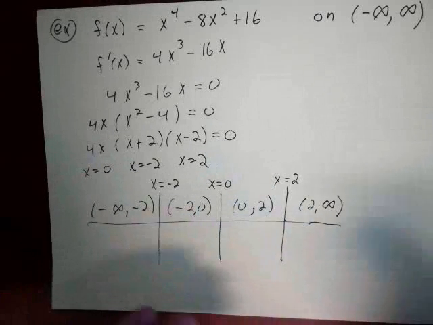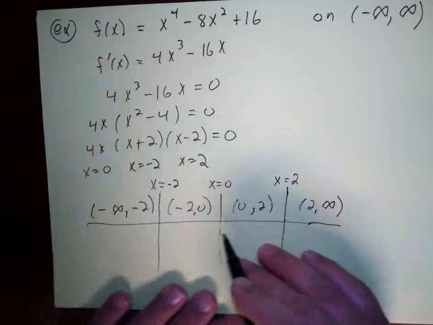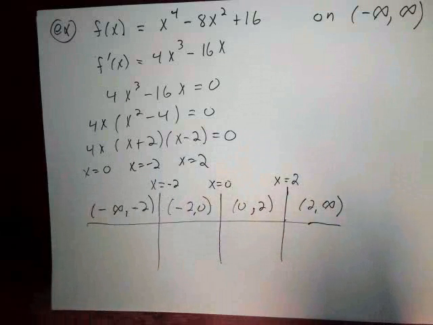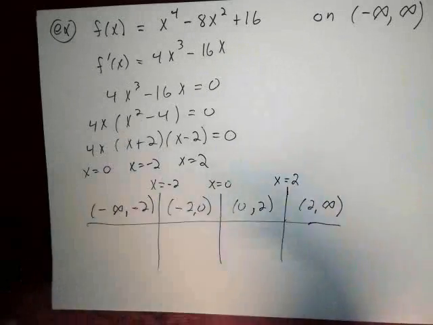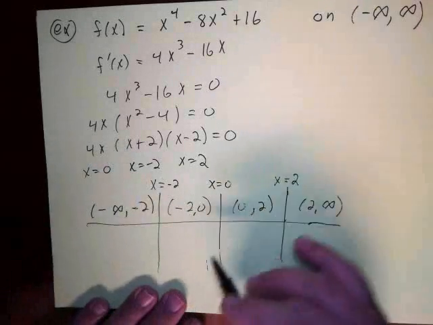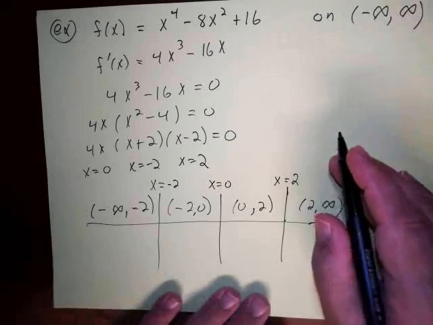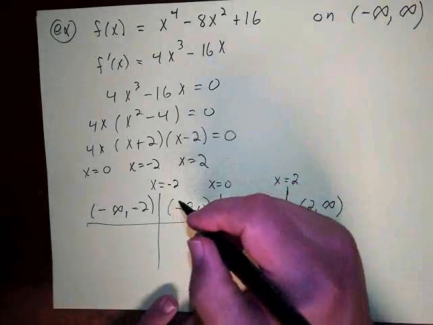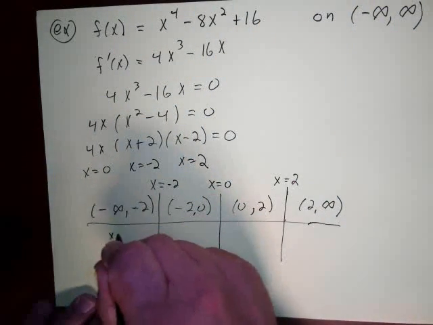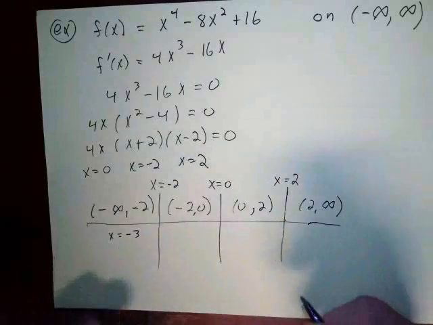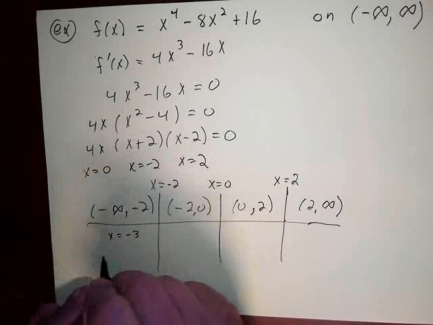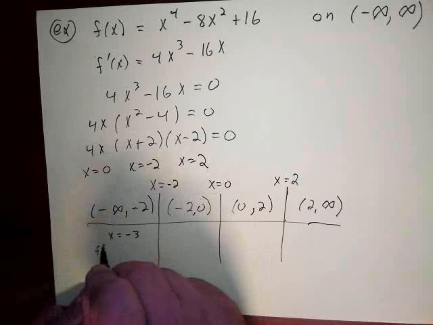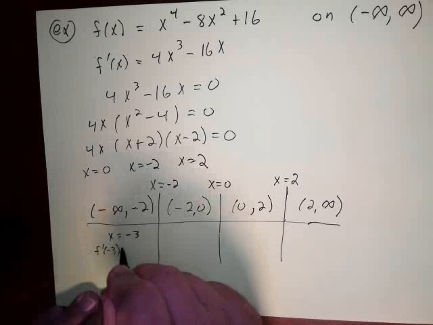You can just as easily graph the original function and see if the critical points are relative mins or maxes, right? But I'm not going to rely on you knowing how that function is going to behave. So I'm going to show you how you can pick a test point. So this will be my test point, and then I'm going to plug that into the derivative.